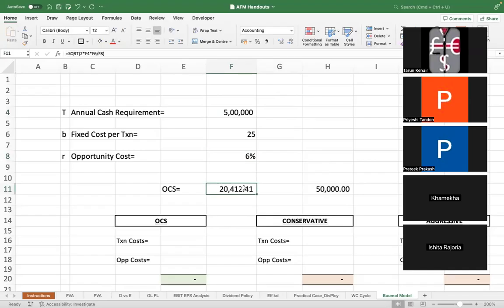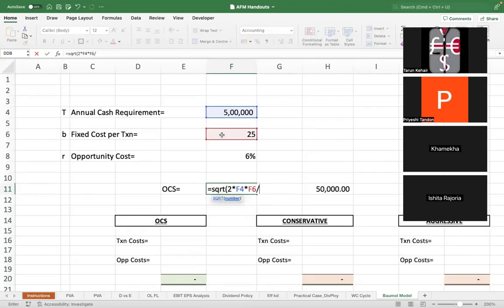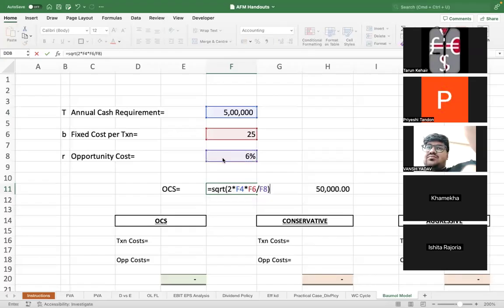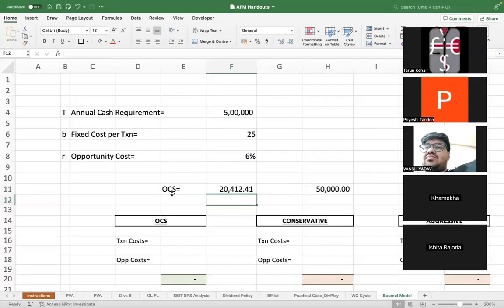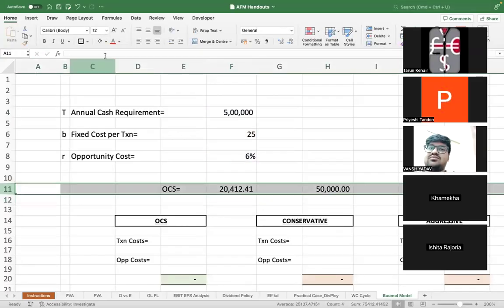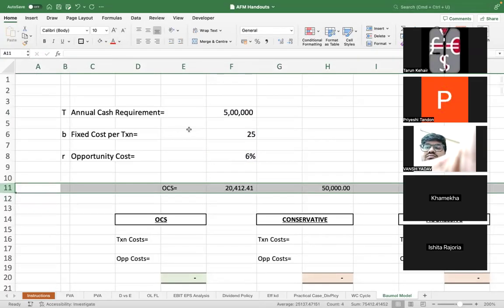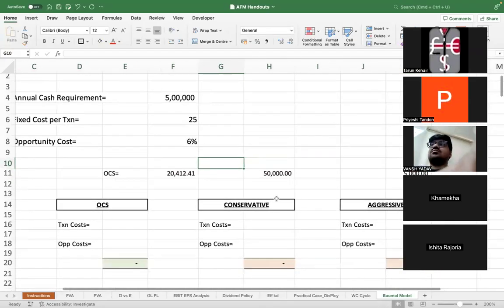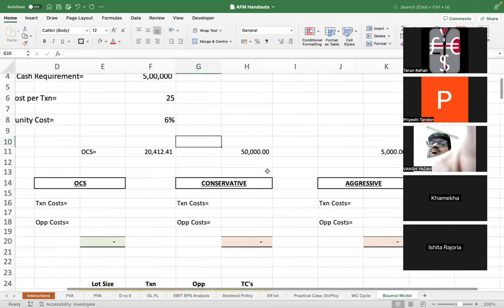So we can straight away find our optimal cash size by applying the formula square root of 2TB by R. So 2 into your annualized cash requirement into your fixed transaction cost divided by your opportunity cost. And you will get the optimal cash size to be 20,412 rupees and 41 paise.